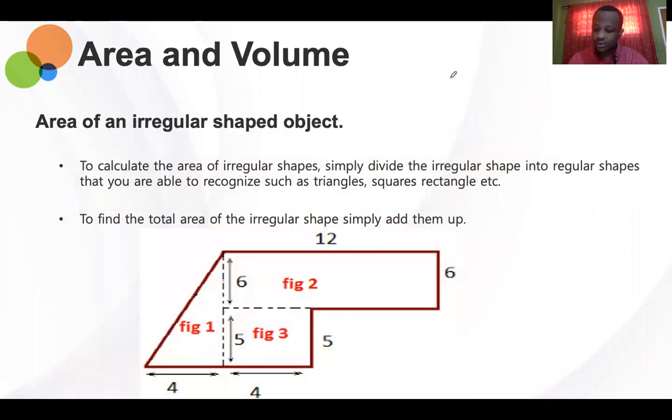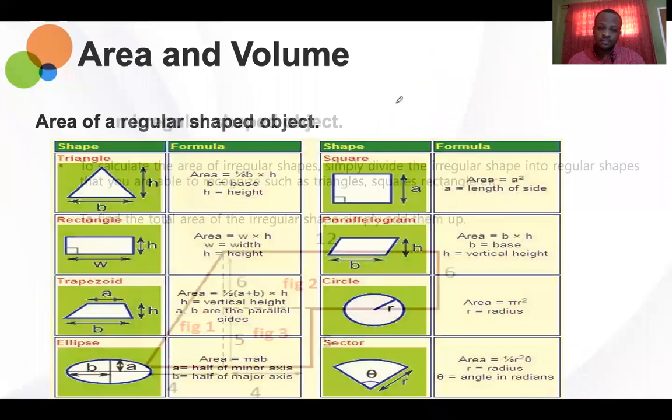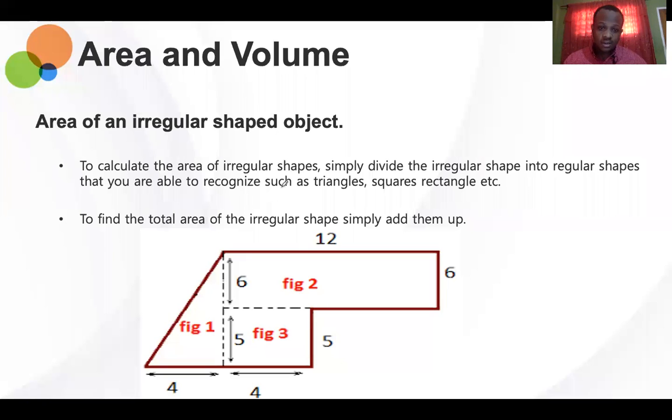All right. So we know the formulas for these. Now we want to determine the area of this shape, and we don't have a formula for it. After we finish this, we can end class for today. This is an irregular shaped object. To calculate the area of irregular shapes, we must simply divide the irregular shape into regular shapes.